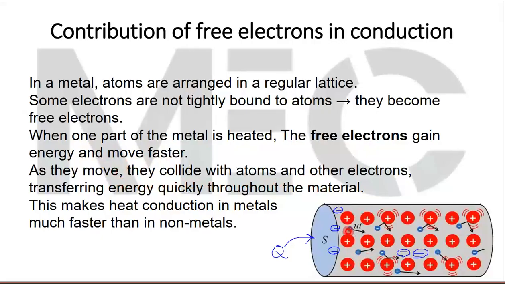So you see that the free electrons move, and sometimes they collide with other atoms and sometimes with other electrons, transferring energy quickly throughout the material. This makes heat conduction in metals much faster than in non-metals, because in non-metals you will have no free electrons. These free electrons also contribute to greater electricity conduction.